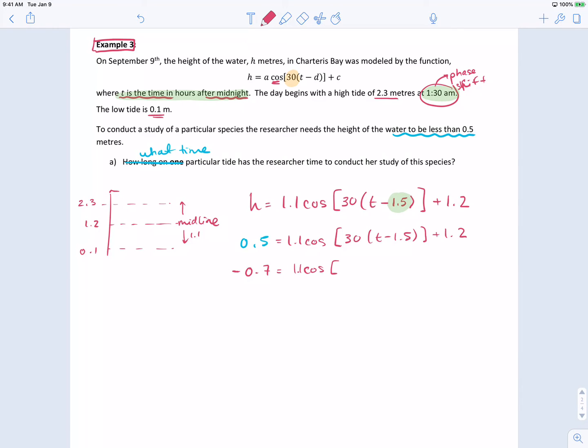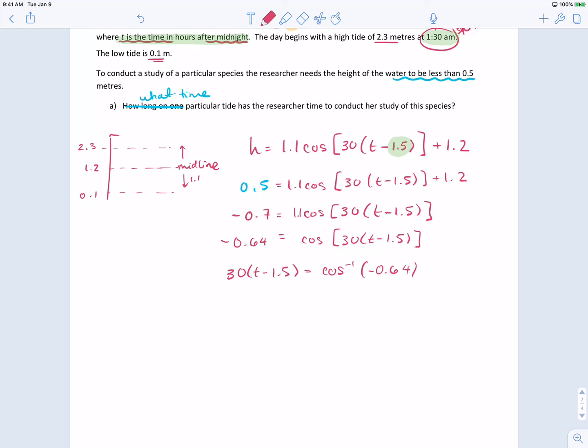We are going to divide in the next line by 1.1. That leaves me with negative 0.64 equals the cosine of 30 times t minus 1.5. To get the 30 times t minus 1.5, same as before, I inverse cosine on my calculator of the left-hand side, and I'm left with 129.7.